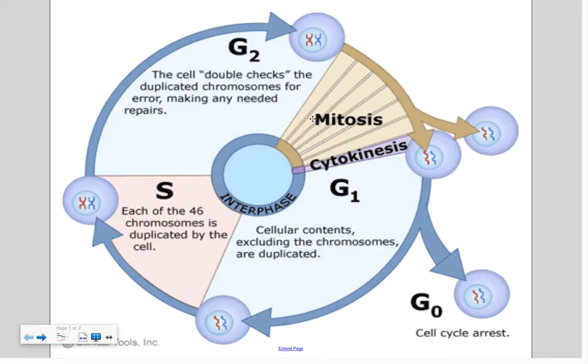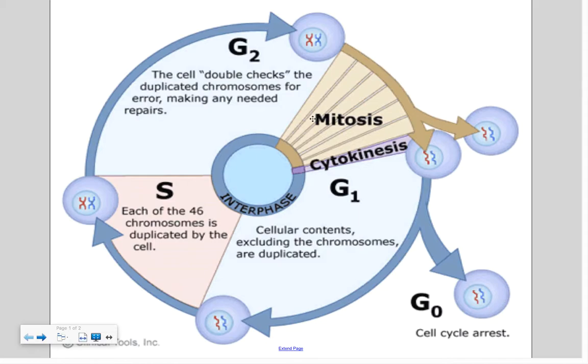We will start by looking at this diagram here, which represents the cell cycle. As you can see, it can be represented as a pie graph, with each section representative of how much time it takes.